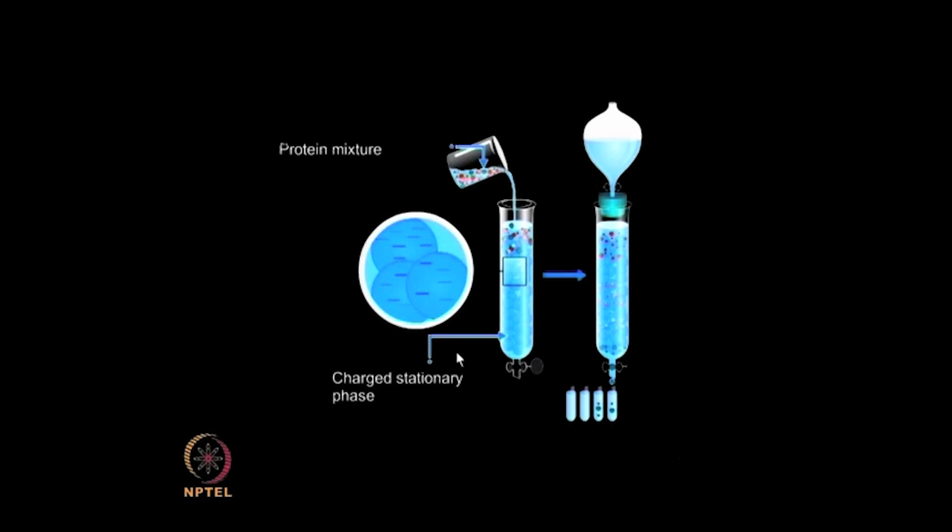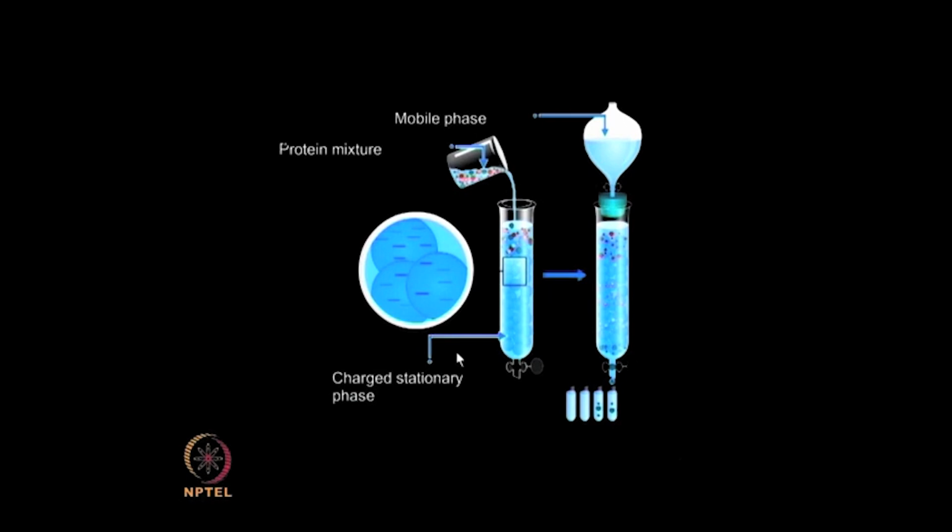The unpurified protein mixture, which consists of proteins of different net charges, is loaded onto the column. The proteins having charges opposite to that of the stationary matrix will bind to it, while the remaining proteins will be eluted.